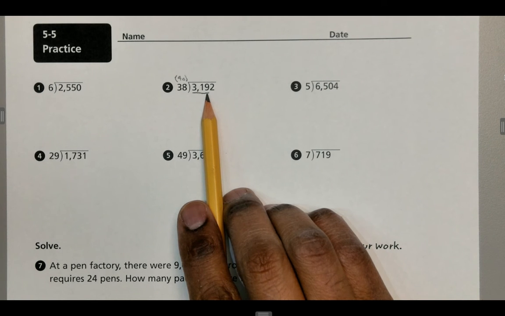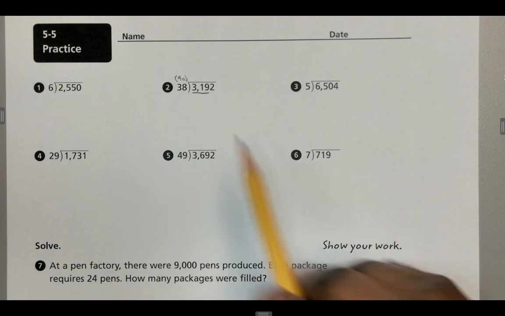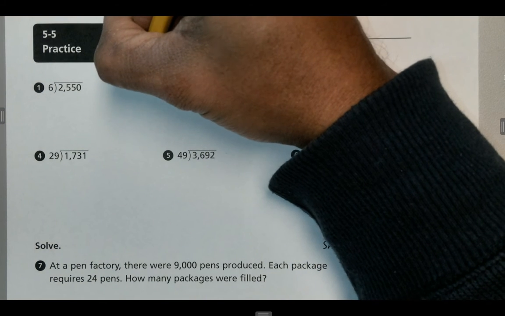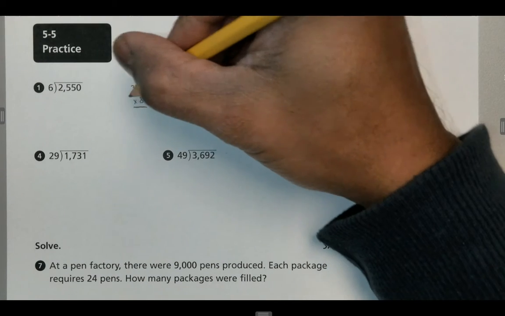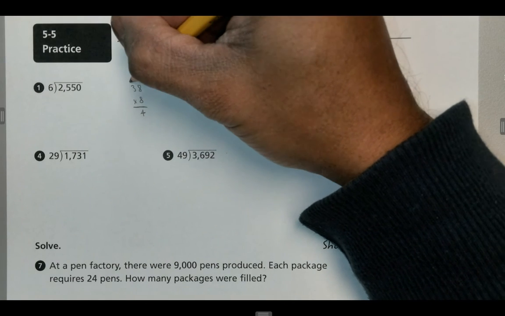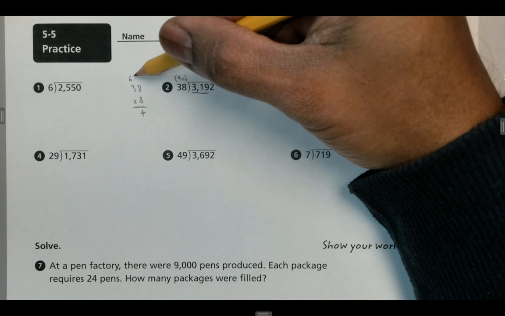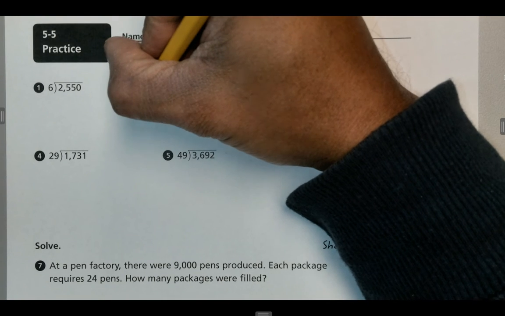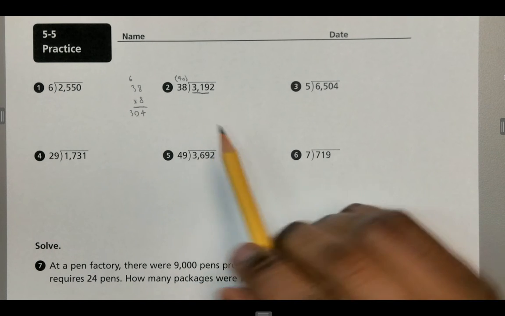7 or 8, right? 40 times 7 is 280. 40 times 8 is 320. I think I'm going to test out the times 8 using a side calculation. So 38 times 8. 8 times 8 is 64. 6 gets carried. 8 times 3 is 24, plus the 6 is 30, and that checks out.